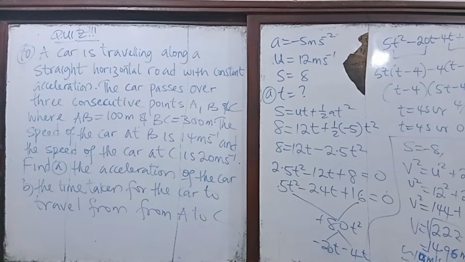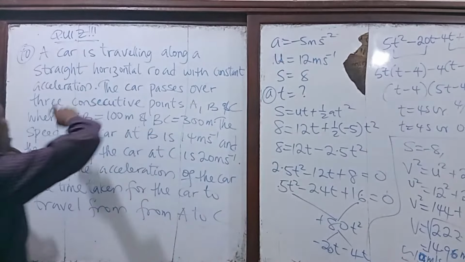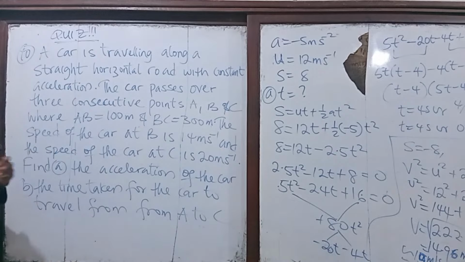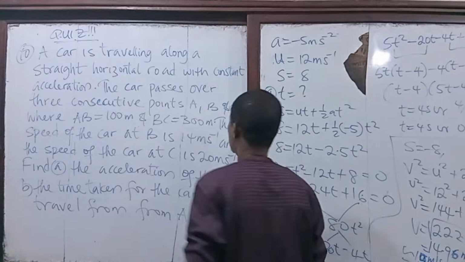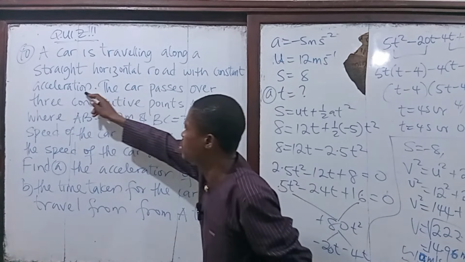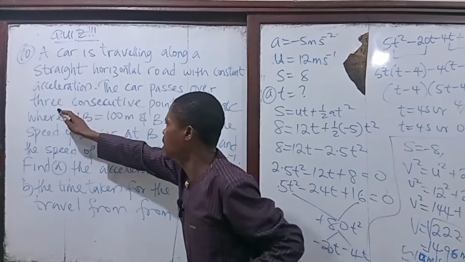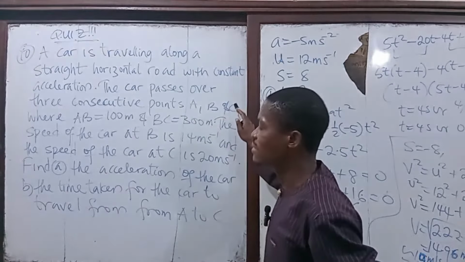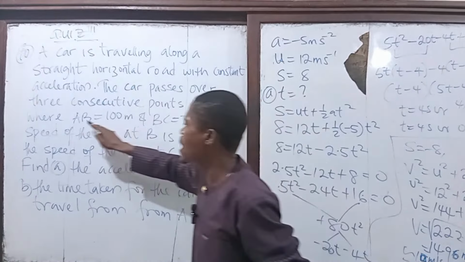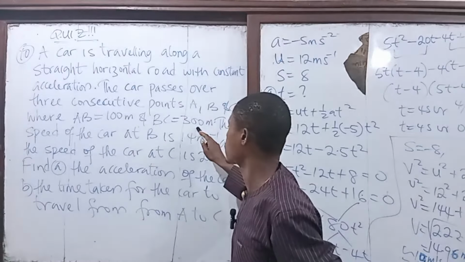What we're going to do for the quiz, let's look at the questions together. A car is traveling along a straight horizontal road with constant acceleration. The car passes over 3 consecutive points, A, B, and C, where AB is 100 meters and BC is 300 meters.